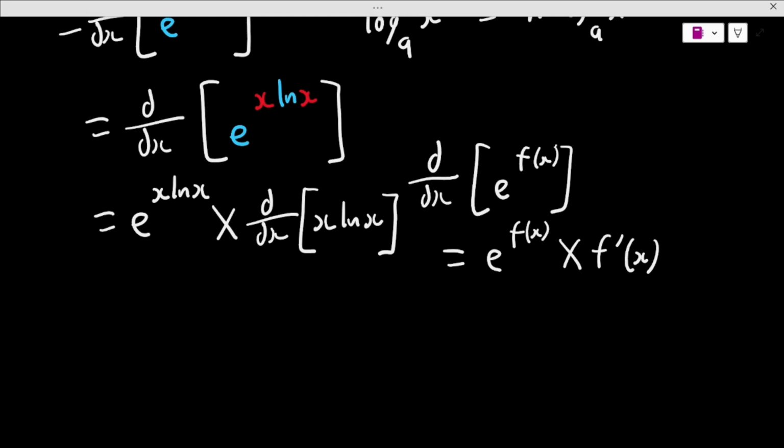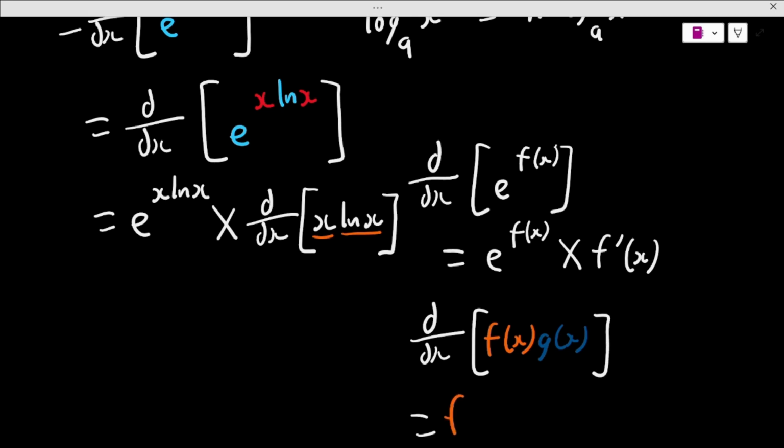What can we do? Well, we see that we have two things being multiplied together. We have x and ln x. Recall that we can use the product rule: if we have the derivative with respect to x of f of x and g of x, then this is going to be equal to f prime of x g of x plus f of x times g prime of x.